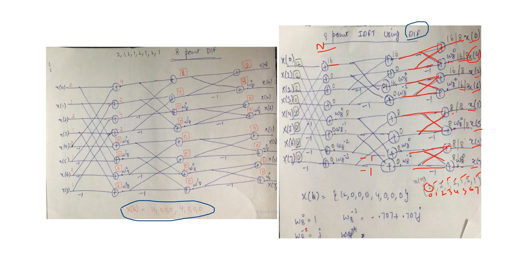So it is shown that the inverse DFT of the sequence 12, 0, 0, 0, 4, 0, 0, 0 is the sequence 2, 1, 2, 1, 2, 1, 2, 1. These are the calculations of 8-point DFT using DIF algorithm and 8-point inverse DFT using DIF algorithm. Thank you, beta.